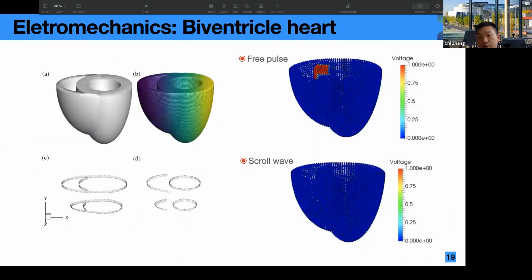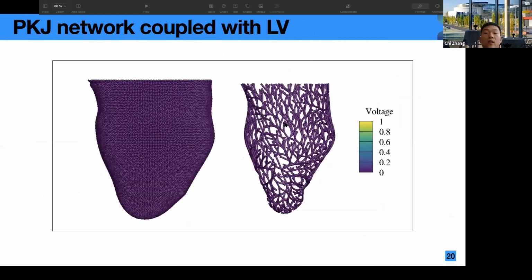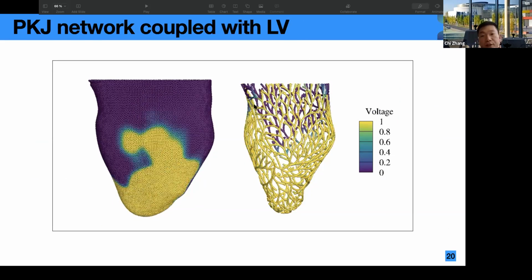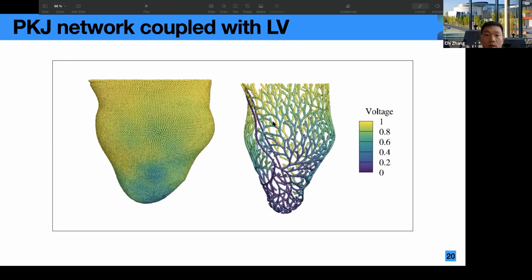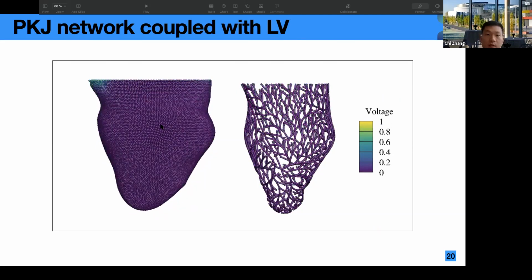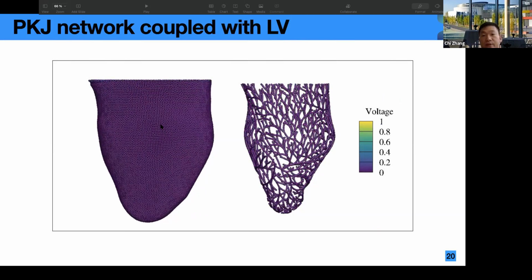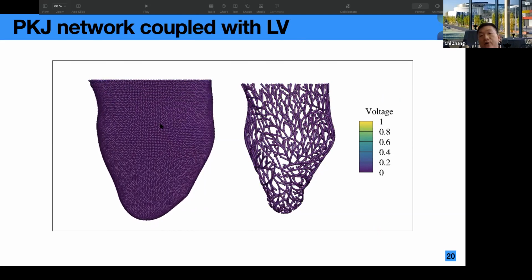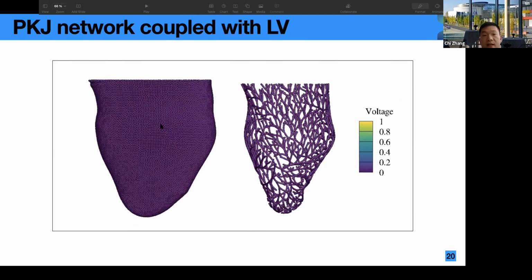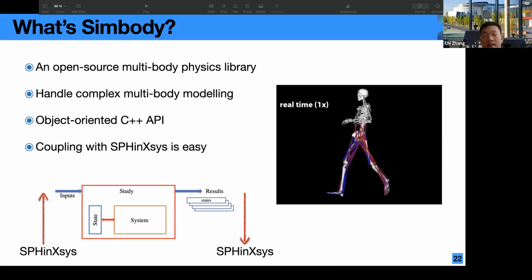So we also developed a Purkinje network using a reduced SPH model, and in this case, the transmembrane potential will start conducting on the network and then be distributed to the left ventricle, as you can see here, under the coupling of the Purkinje network with the left ventricle. We can also have the deformation of the tissue. And then we are also coupling SPHinXsys with SimBody.